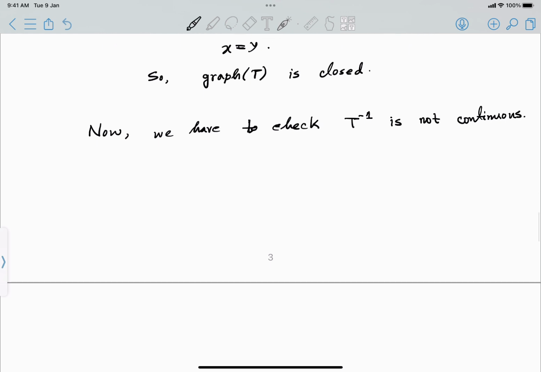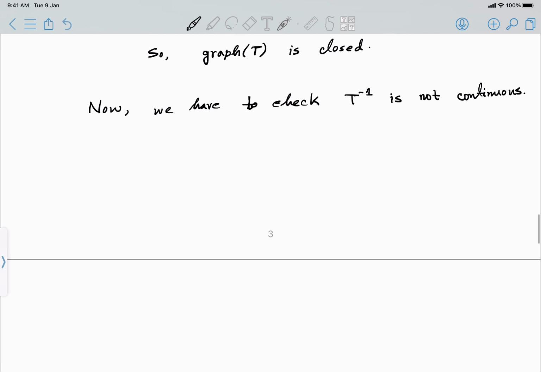We will prove this by contradiction. Suppose T inverse is continuous. T inverse is a map from Y to X. It is continuous.